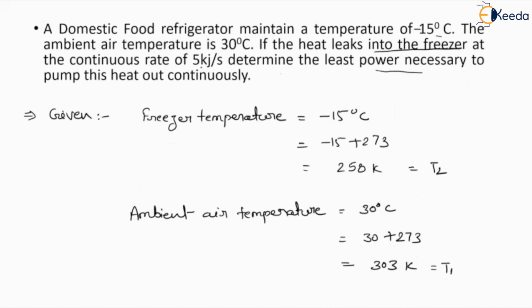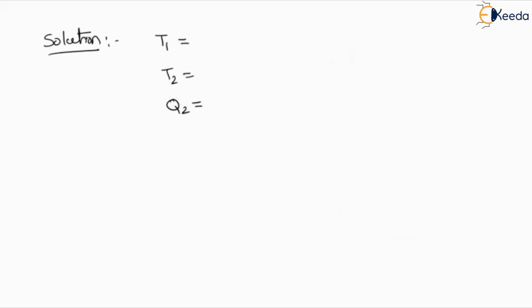So let's start the solution. Here we have the T1 value, the T2 value, and the value of Q2. T1 is 303 Kelvin, T2 is 258 Kelvin, and Q2 is 5 kilojoule per second.